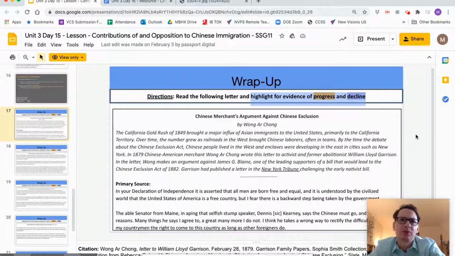One example could be for students doing this lesson synchronously to be paired up, maybe utilizing the Zoom breakout room function if it's available, to read this letter by Wang R. Chang. And both students will read the text, and one is directed to annotate for progress and decline, just like it says in the original directions.